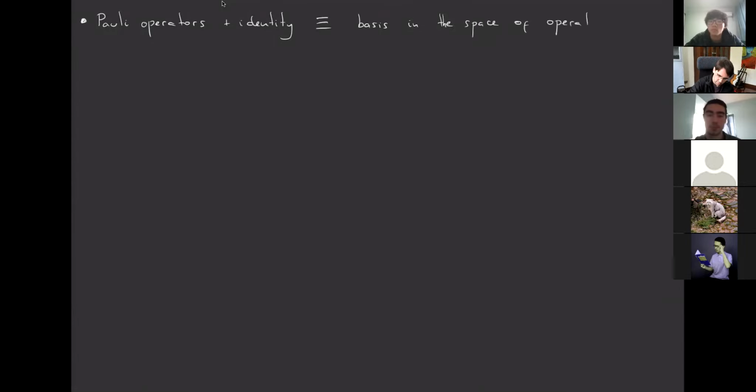Of course, I mean operators in dimension 2, which is the Hilbert space that we are working on at the moment. I want to discuss something very interesting about this, because when I say a basis in the space of operators, this might look funny because usually the operators are elements that act on the space of states, right? Which we call Hilbert space.